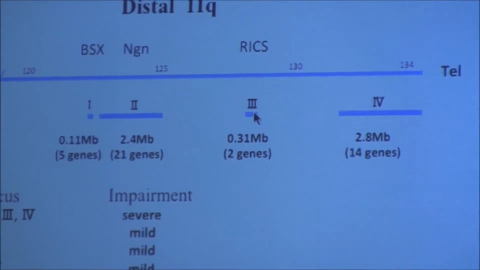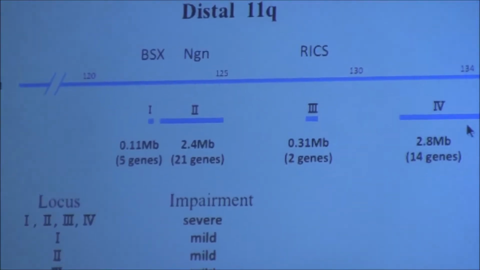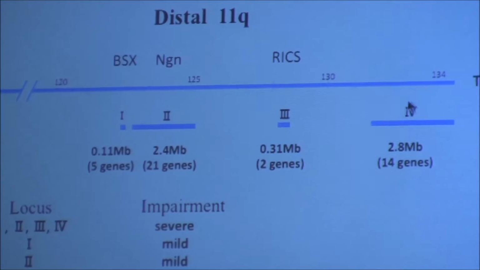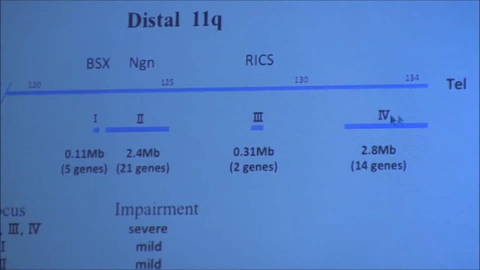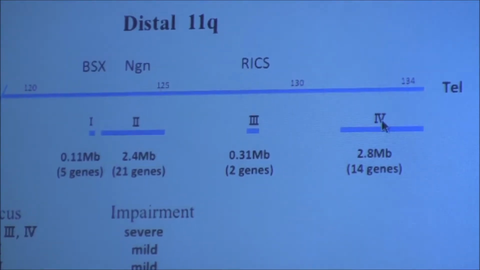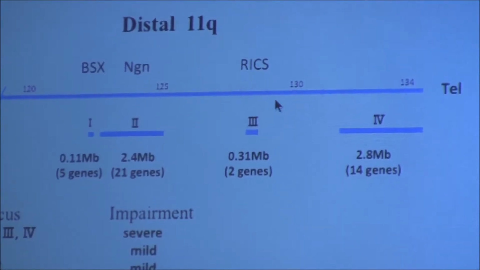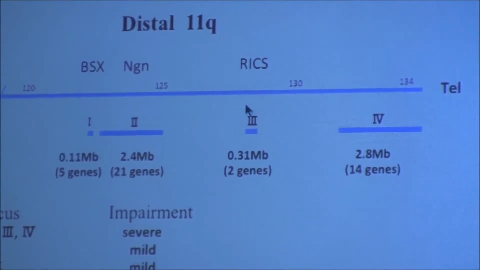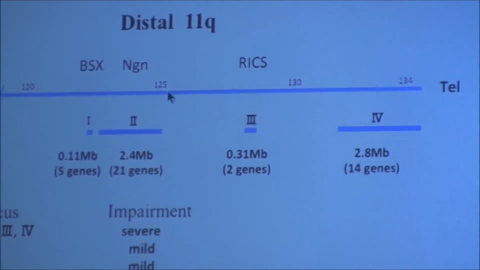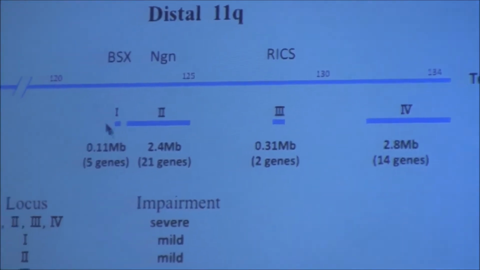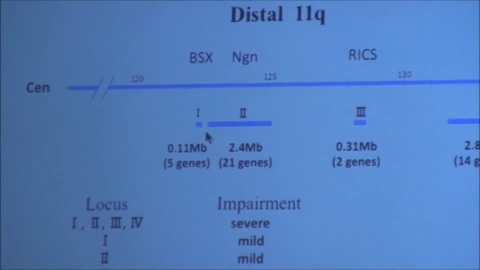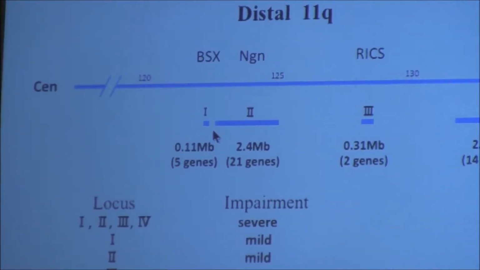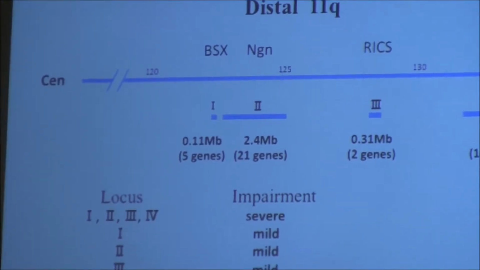And so if you look here, if you just have a small deletion to the end of the chromosome, you're most likely going to be relatively mildly affected. If you have a small interstitial deletion either here, or here, just by itself, spanning that one region, you're also relatively mildly affected.